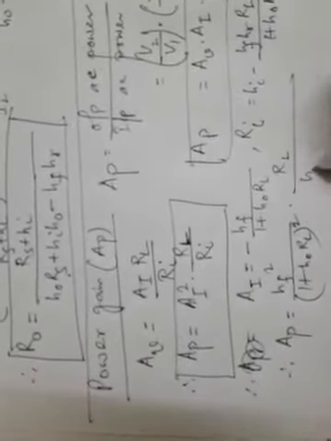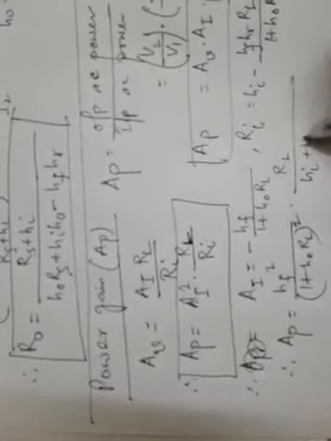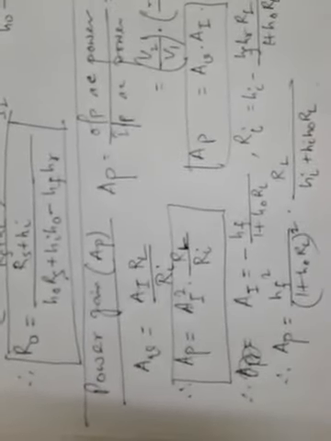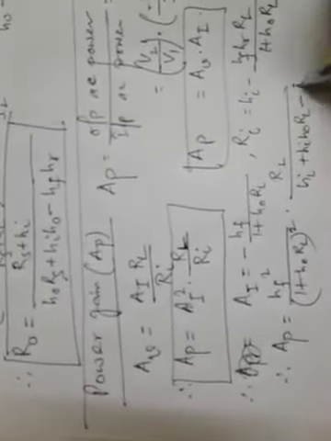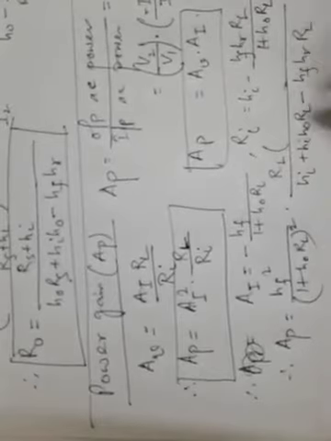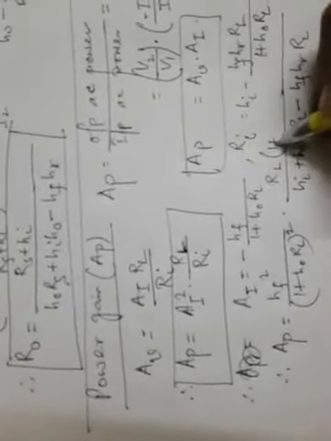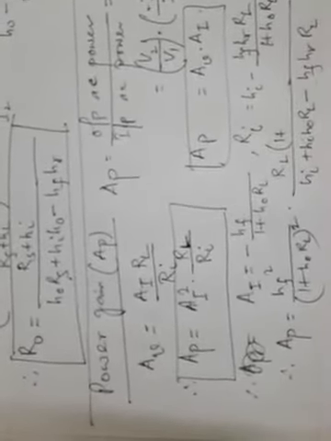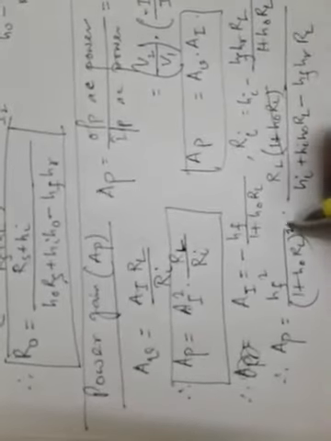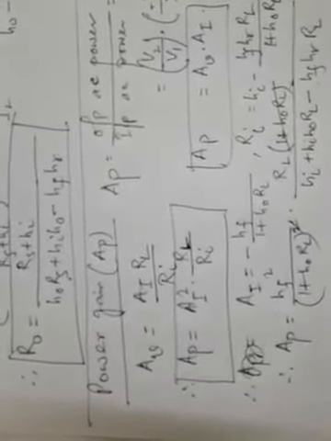So this is HI plus HIHO RL minus HF HR RL, and this denominator will be multiplied with the numerator term 1 plus HORL. So this one term will be cancelling out. So this will be the final expression for AP.